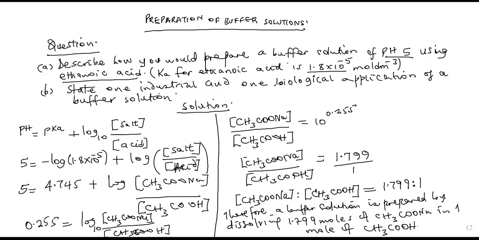You express your conclusion in terms of masses: get the molar mass of each, multiply by the moles, and then you get the masses that are mixed to make 1 liter of a buffer solution.